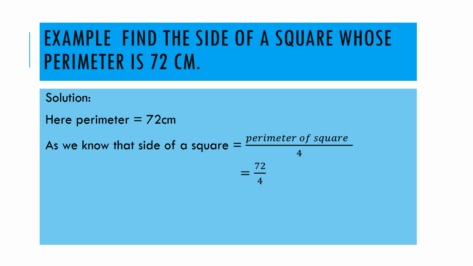Perimeter is 72. 72 upon 4 is 18 centimeters. It is the side of a square. If you add 18 plus 18 plus 18 plus 18, 18 four times, we get 72 centimeters, which is the perimeter of the given square.